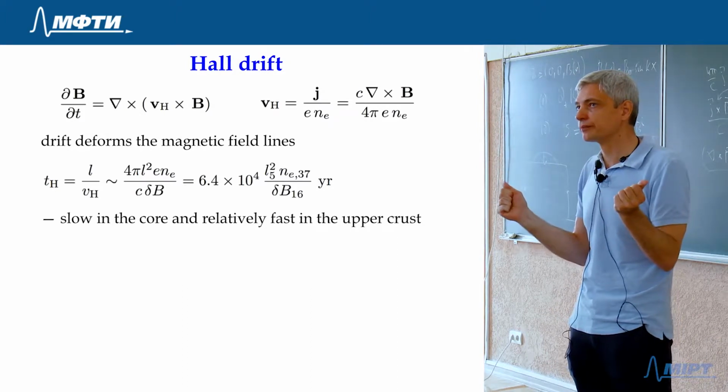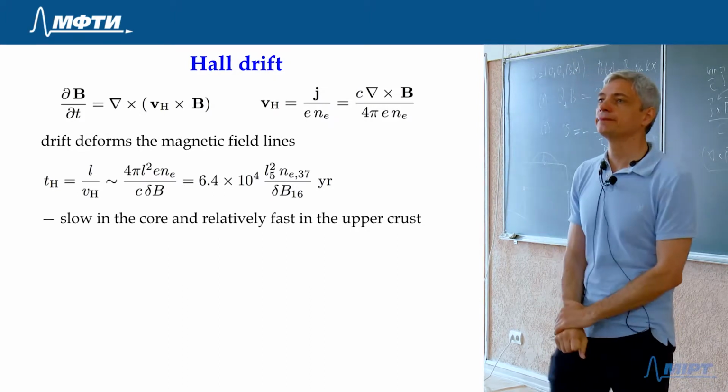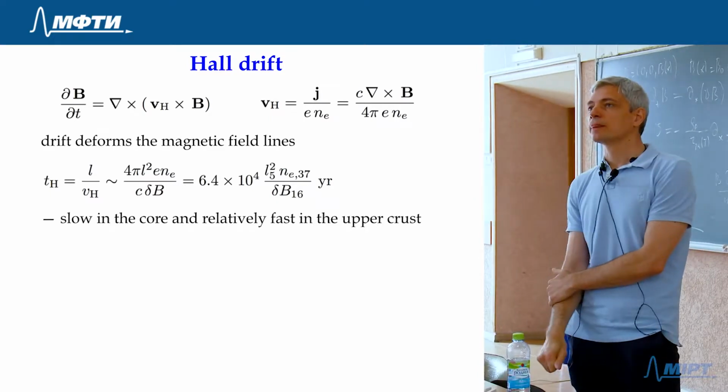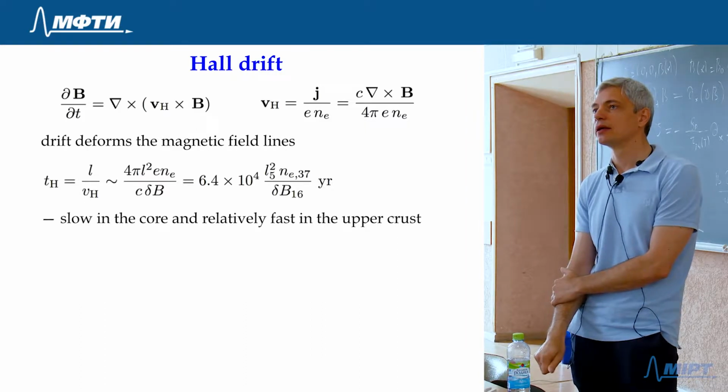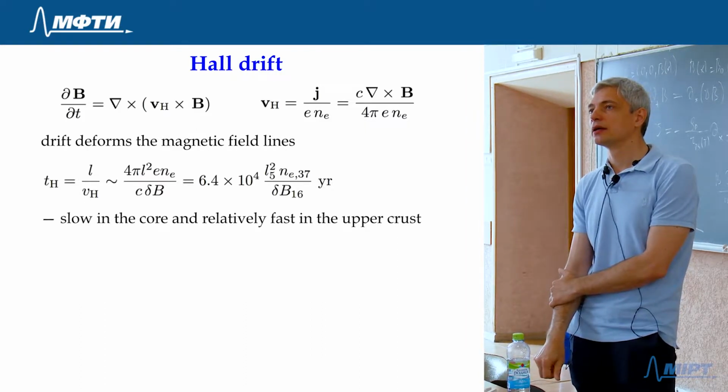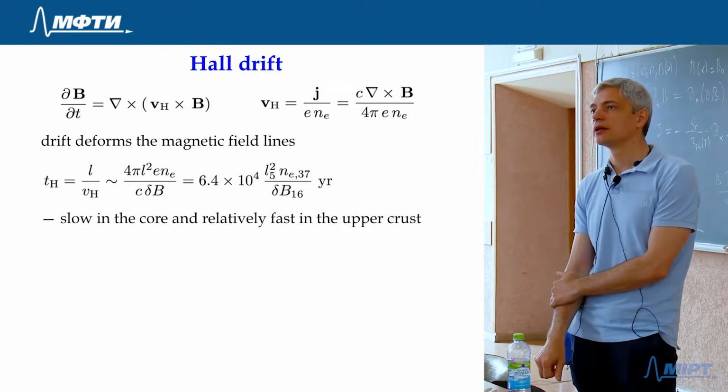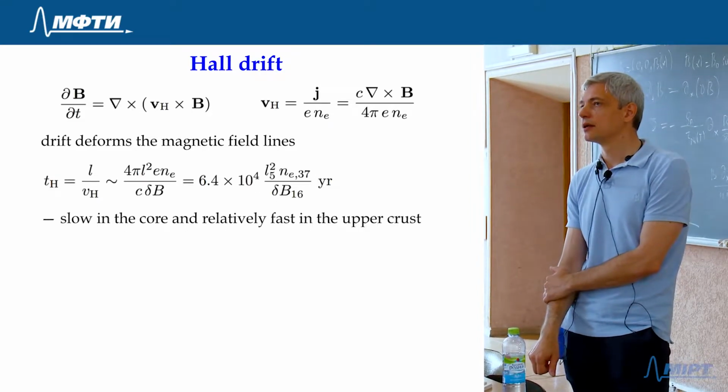Yeah. One question. This also depends on the ion skin depth, I mean, on the length scale. I mean, this will be valid if your length scale is smaller than the ion skin depth, which is the inertia of the.